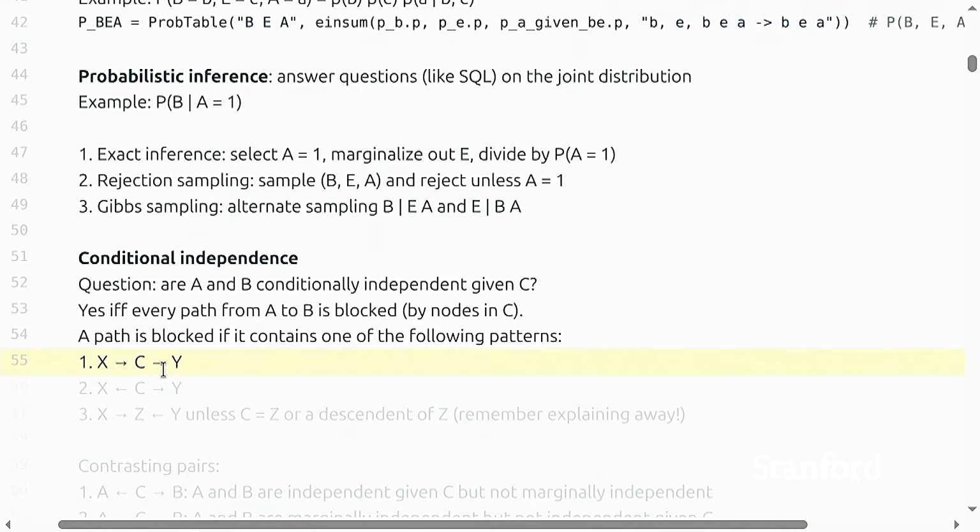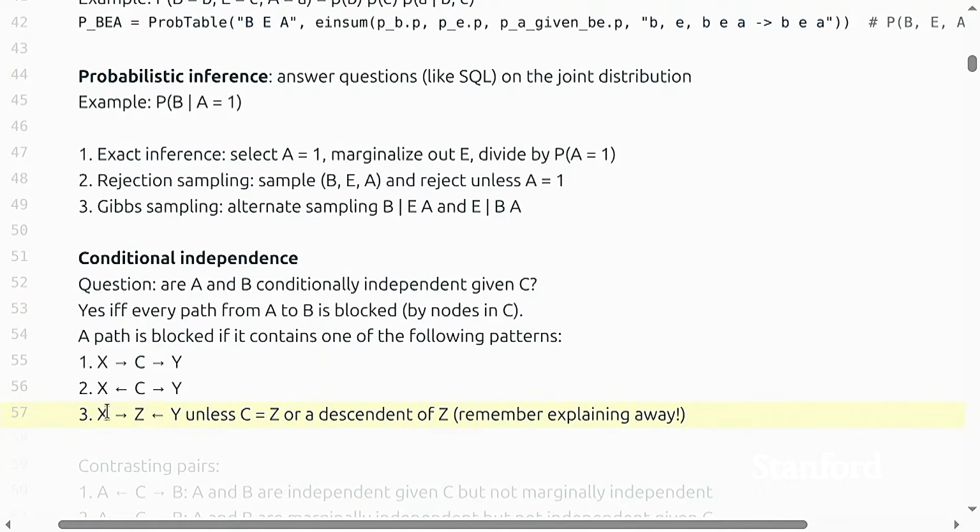It's blocked. Or if you have a c that's pointing out to both x and y, if c is conditioned on, it's also blocked. And then finally, whenever you have this V structure where the arrows are going into some variable z, it's the opposite.